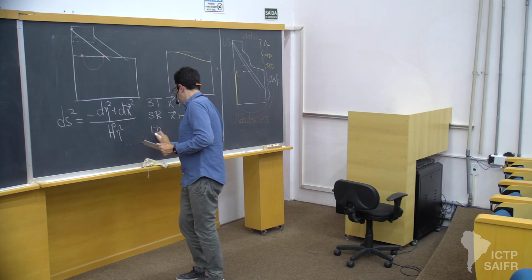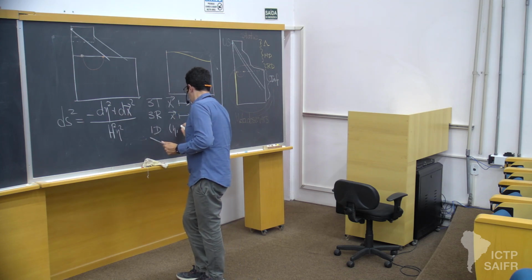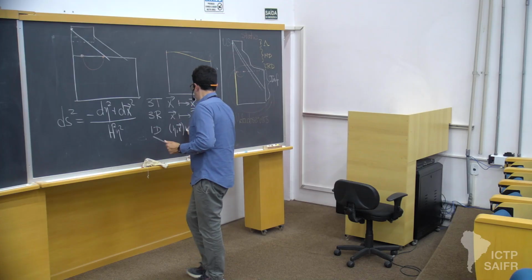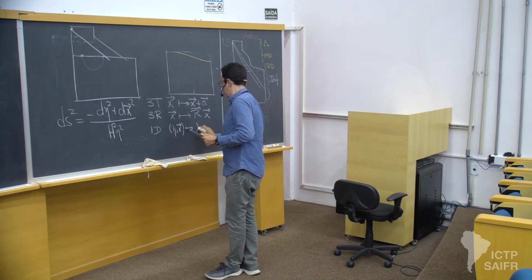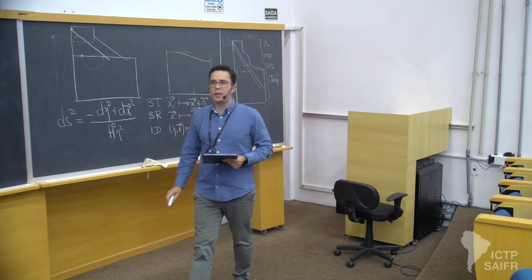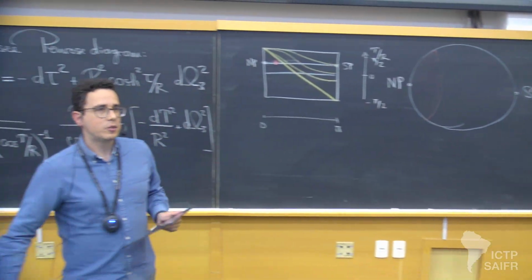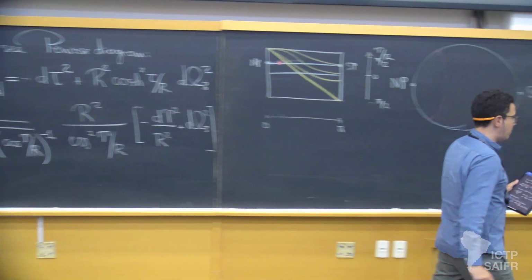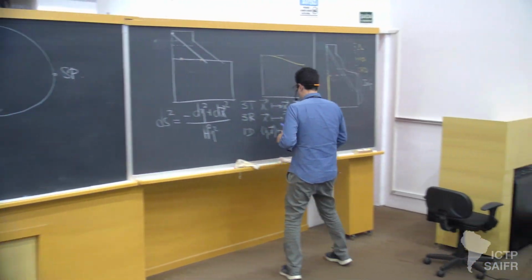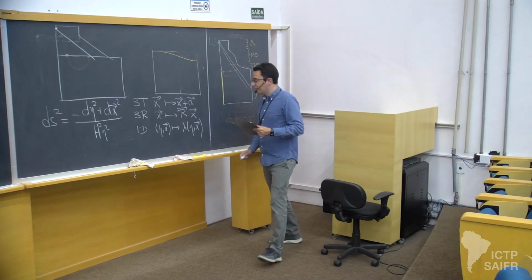One dilation isometry where I take eta and X and rescale. So if I do the experiment today or tomorrow in a bigger lab, I get the same results. It's a good way to get funding. Tomorrow I need a bigger lab because of dilation symmetry of de Sitter space.